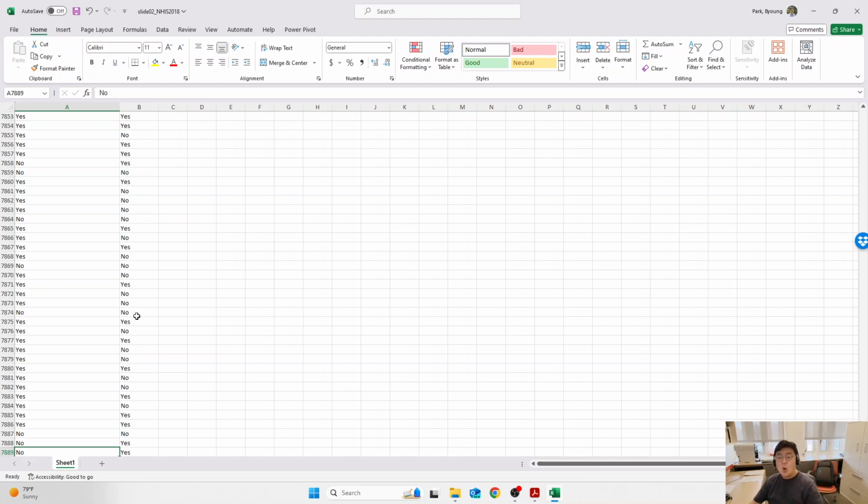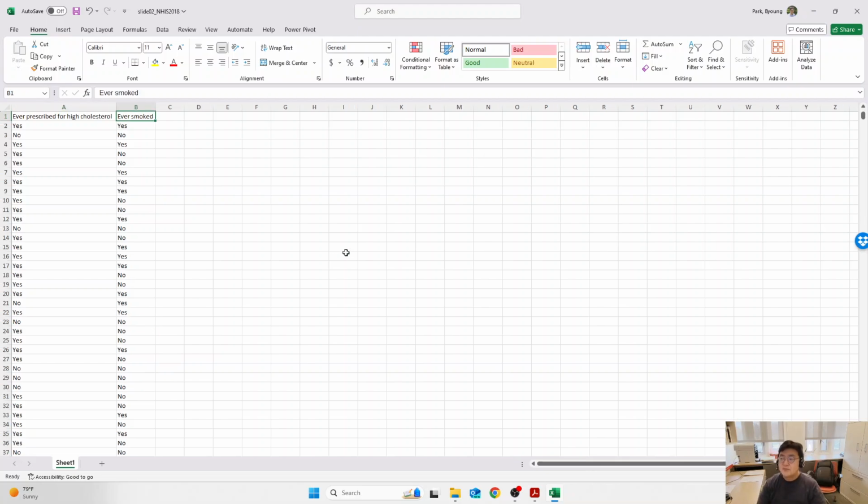Nearly 8,000 observations, and one observation is one person. So again, imagine the underlying experiment. You randomly choose a person and observe his or her medical status and smoking habit.